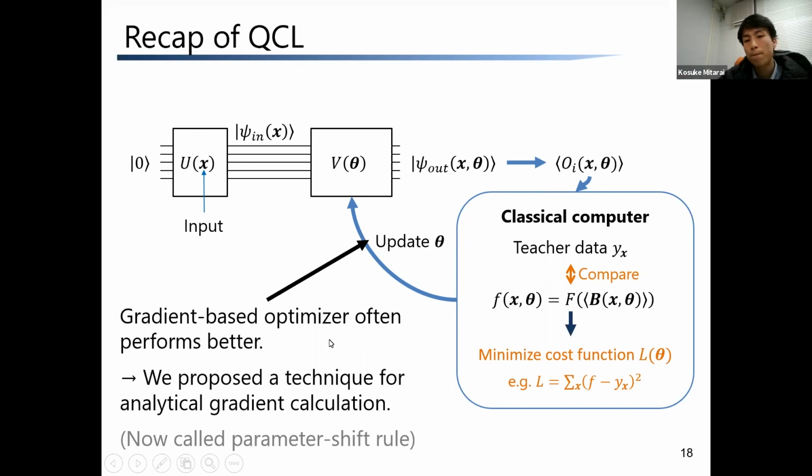In updating theta, a gradient-based optimizer often performs better than a gradient-free optimizer. So we proposed a technique for analytical gradient calculation, and it is now called the parameter shift rule. I think we first proposed this kind of technique.